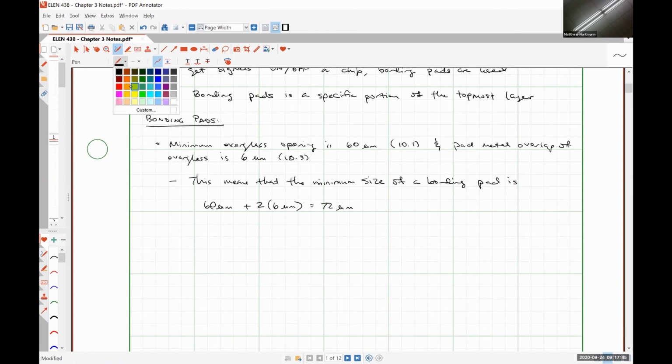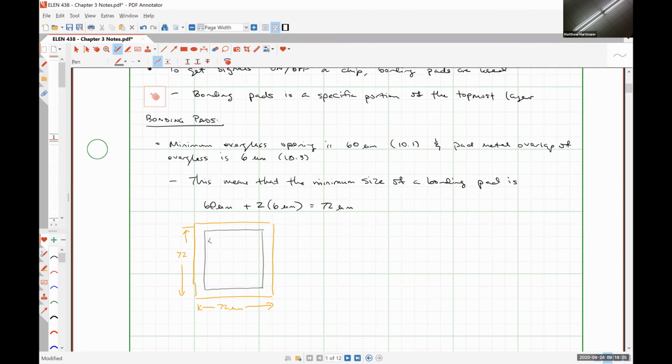So we would see from a top-down view something like this, like so.